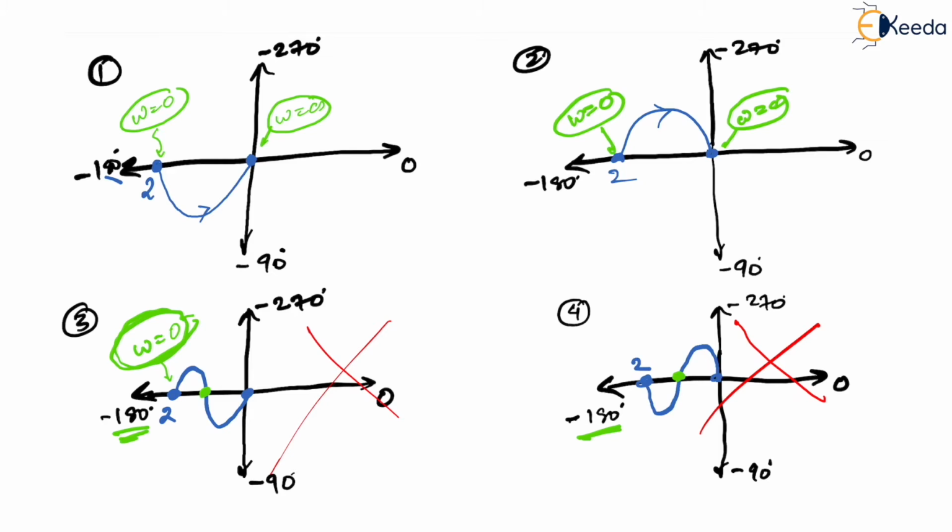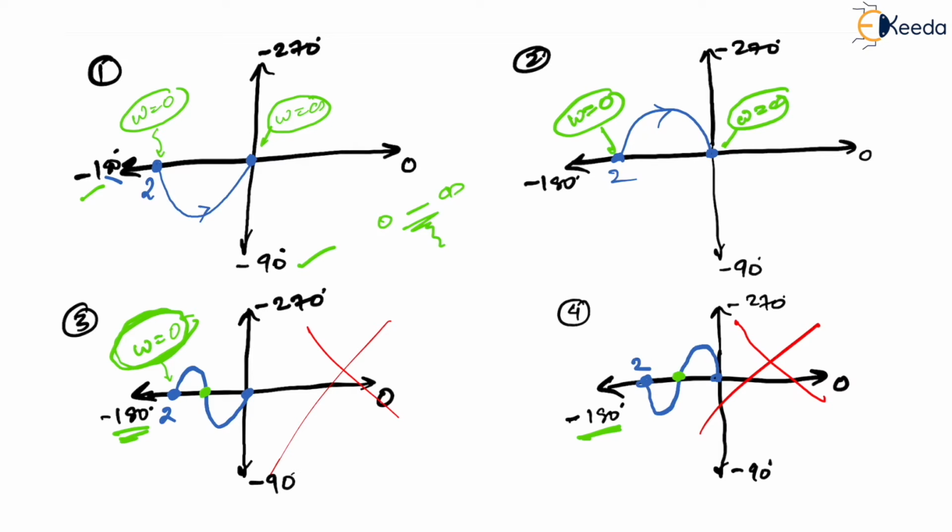Now let me assume any frequency between 0 and infinity, and check the angle for that frequency. If that angle comes out to be between minus 180 degrees and minus 270 degrees, then the second one will be right. And if that angle comes out to be between minus 90 degrees and minus 180 degrees, then case 1 has to be right.